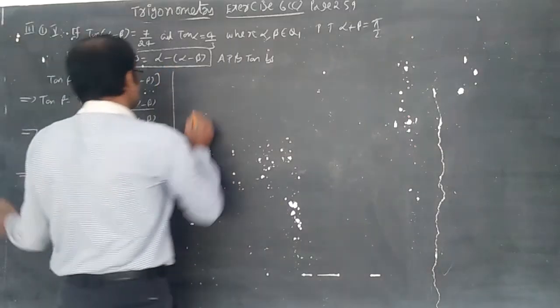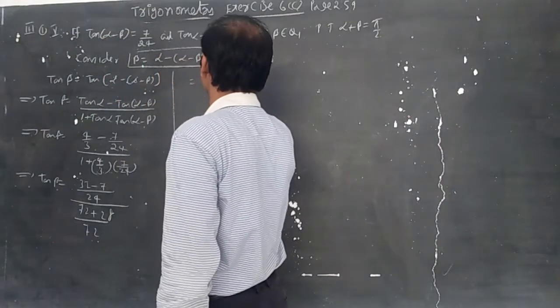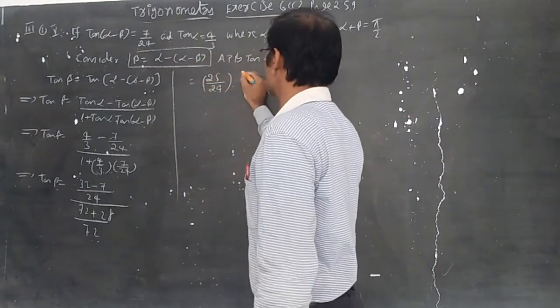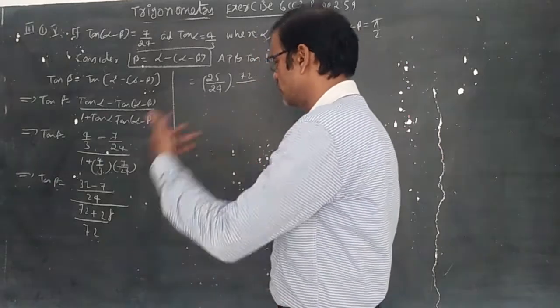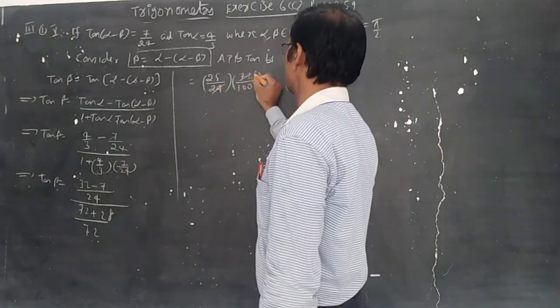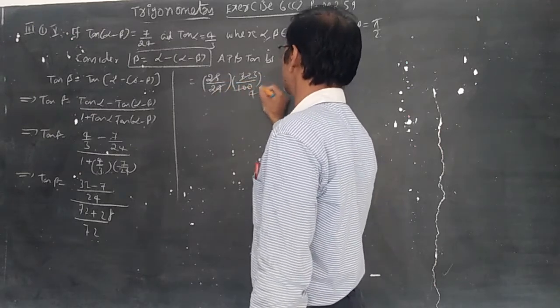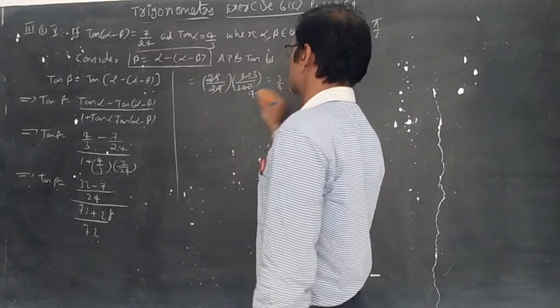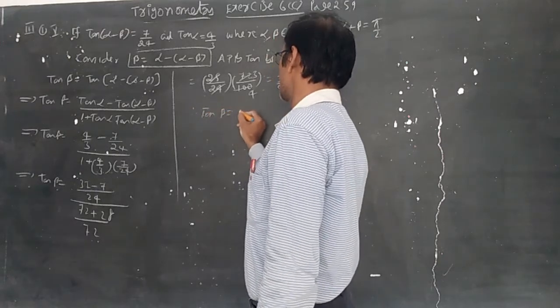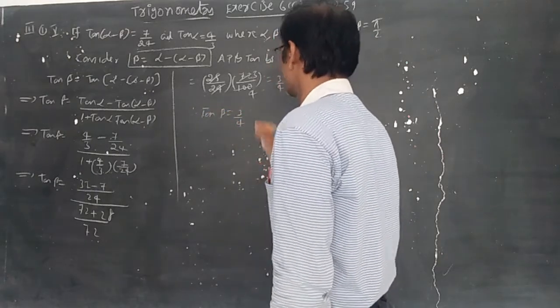So that is 25 by 24 into the fraction reversed, 72 by 100. This 24 will be divided 3 times and this is 4 times, so this is 3 by 4. Therefore, we got the value tan beta is equal to 3 by 4.